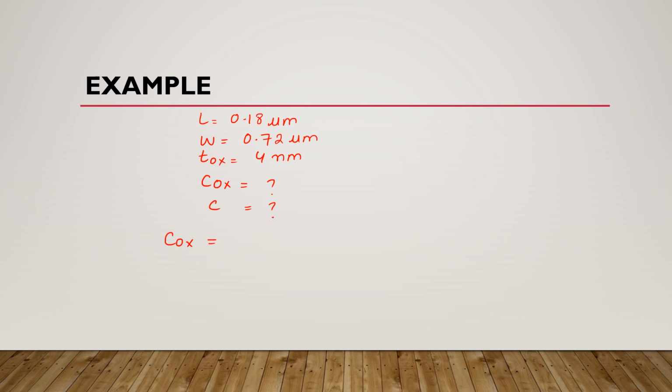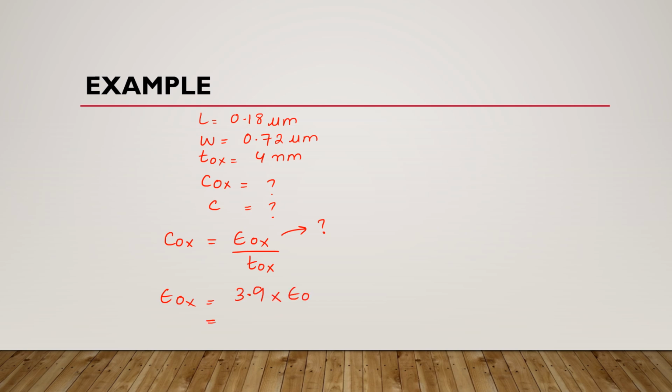We know that the formula of capacitance of the oxide layer is the permittivity of the silicon dioxide divided by the thickness of silicon dioxide. Here we don't know the value of the permittivity of silicon dioxide, but it is equal to 3.9 multiplied by the permittivity of free space.